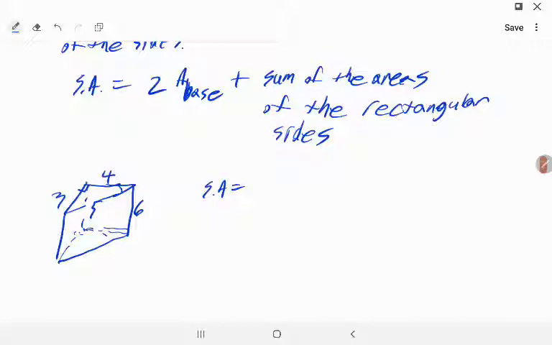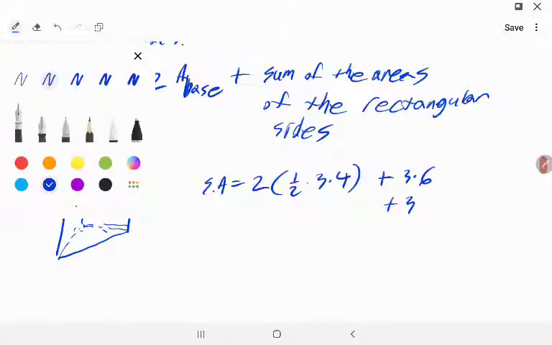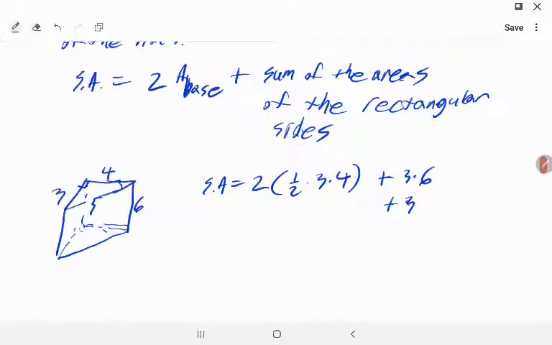We know the area of the base is going to be 1/2 times 3 times 4. And then the area for those sides is going to be 3 times 6 plus 4 times 6 plus 5 times 6. So we have those 3 rectangular sides.